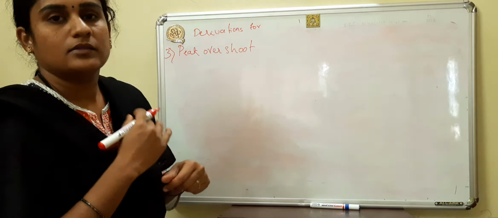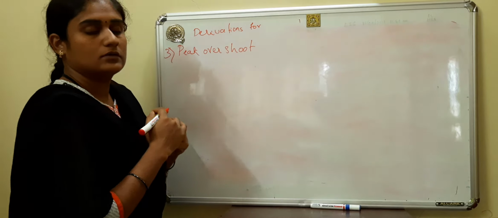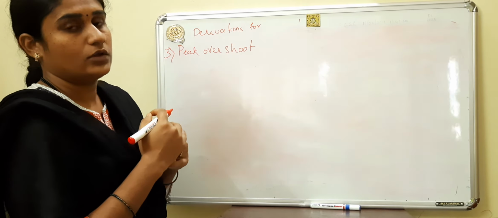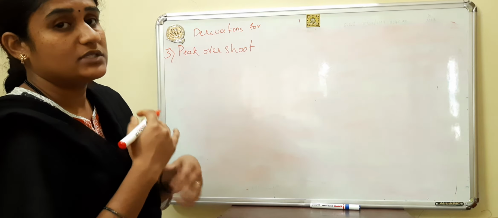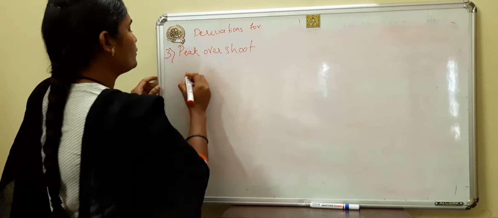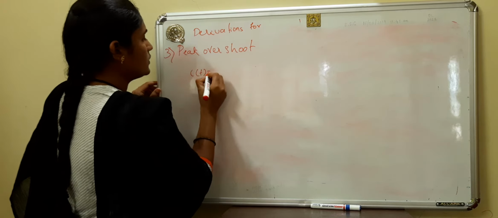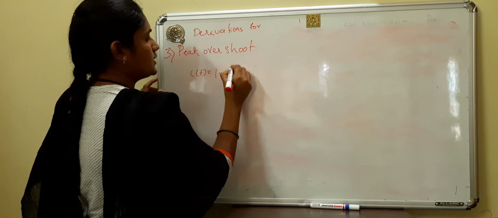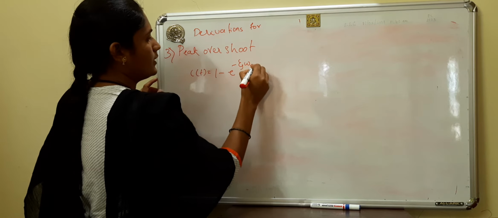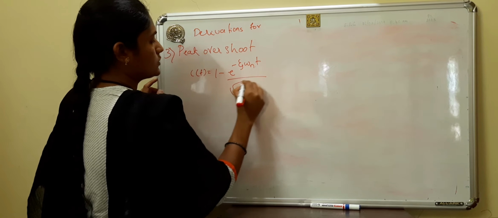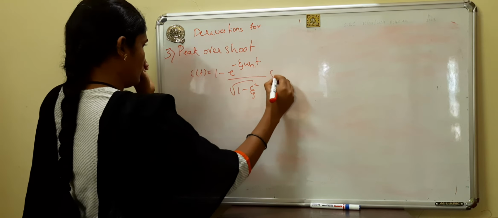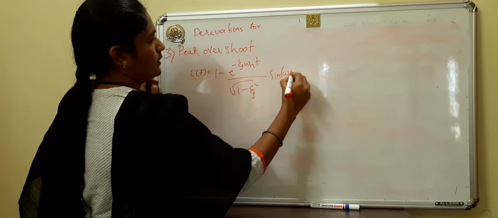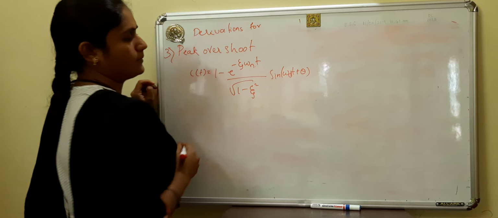Same as before, the output equation for a second order underdamped system excited by a unit step function is given by c of t is equal to 1 minus e raised to minus zeta omega n t divided by square root of 1 minus zeta square, sin of omega d t plus theta.